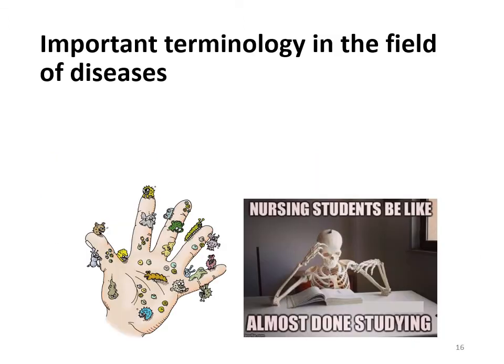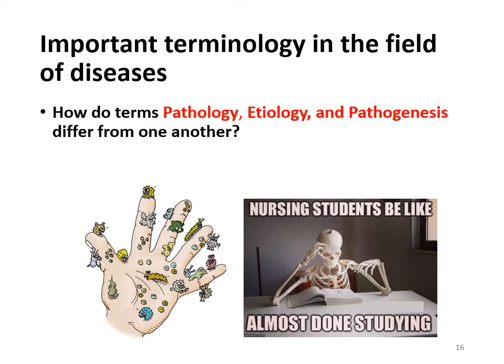So like I said, today there is a lot of terminology, and so the first bit of terminology in the field of diseases that we need to kind of distinguish amongst includes the terms pathology, etiology, and pathogenesis. And these each have their kind of distinguishing factors about what they truly mean.